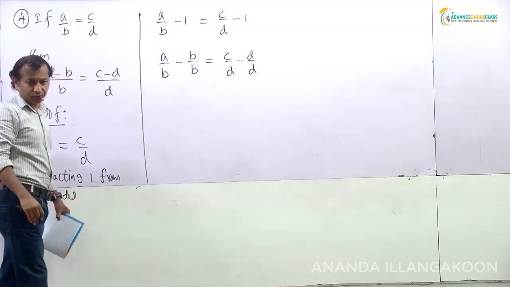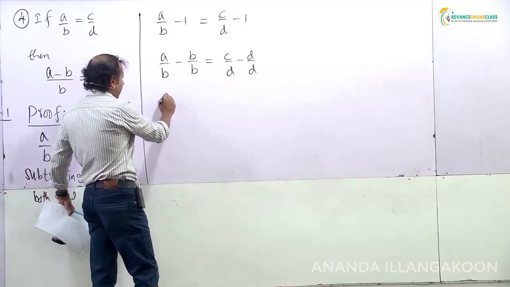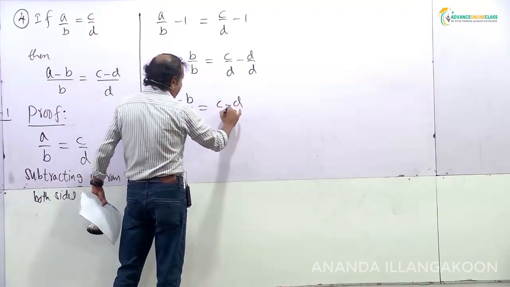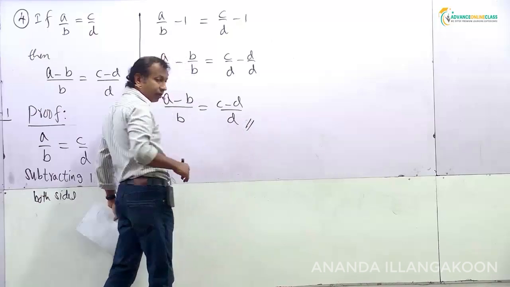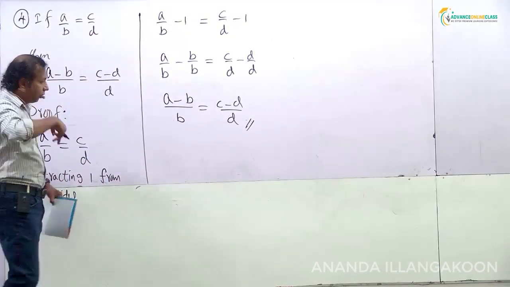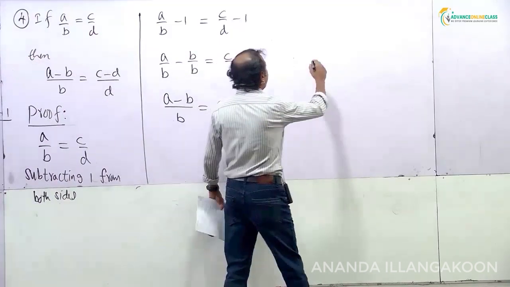Then we get the proof. Right. What do you get there? A minus B over B equals C minus D over D. Okay, no? Now we'll apply this result to get an answer, right?